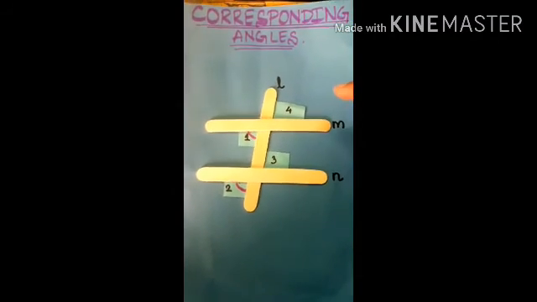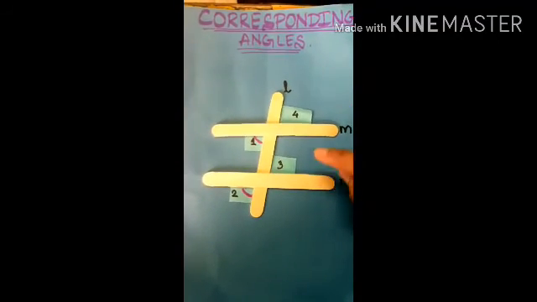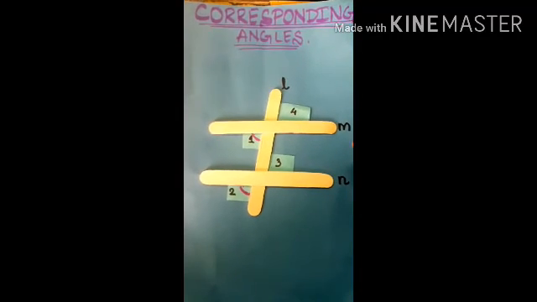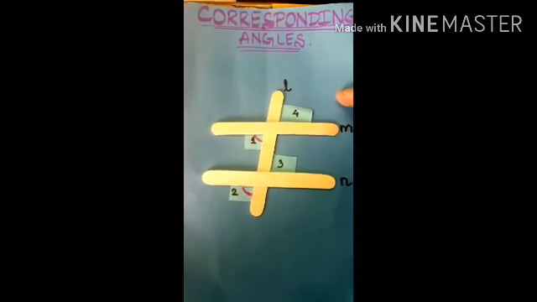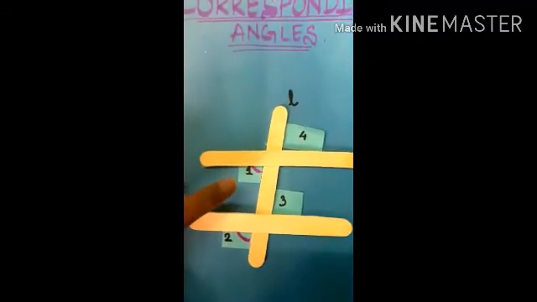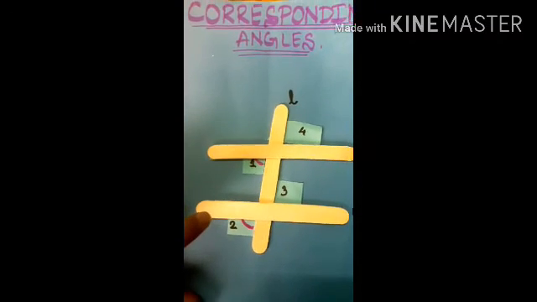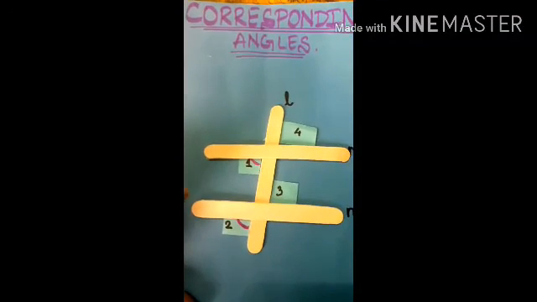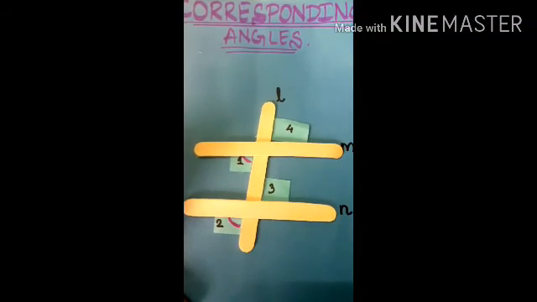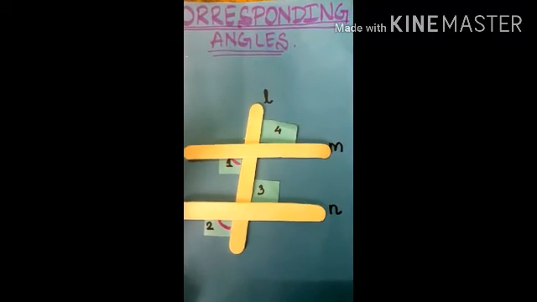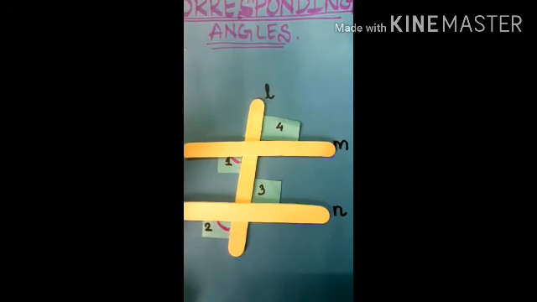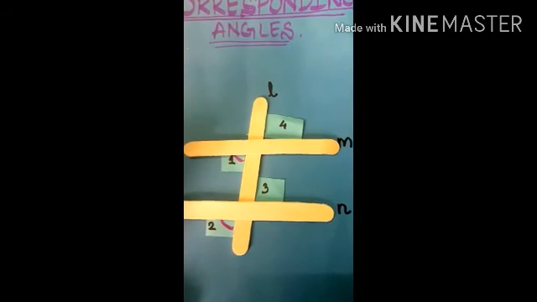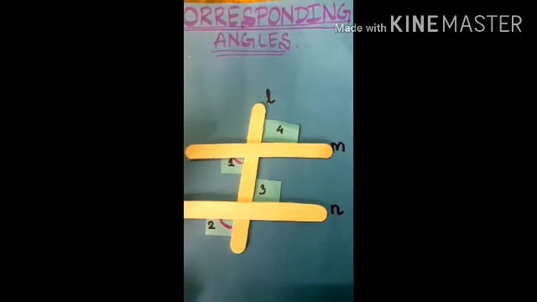So here angle 4 and angle 3 are a pair of corresponding angles as they are on the right side of the transversal, whereas on the left side there are two angles corresponding to each other, that is angle 1 and angle 2 are corresponding pairs of angles, as we have seen on the right-hand side that angle 4 and angle 3 are also corresponding to each other in this figure.